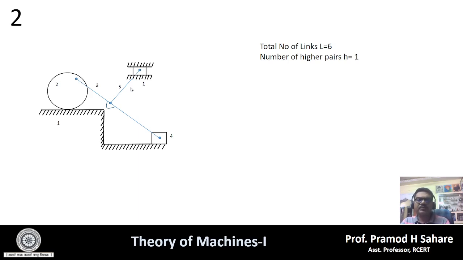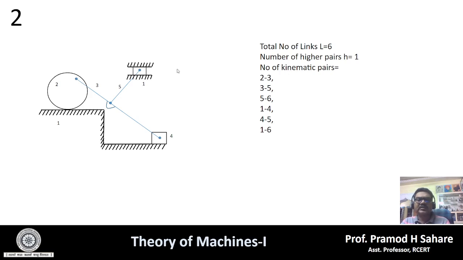So the pairs are, first 2 to 3, then 3 to 5, then 5 to 6, this one is 6, so 5 to 6, then 1 to 4, this one is 1 and this is 4, then 4 to 5, so this is 4 and this is 5, and 1 to 6, so this slider is 6 and this is 1.